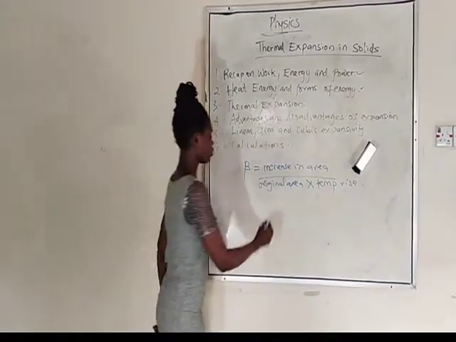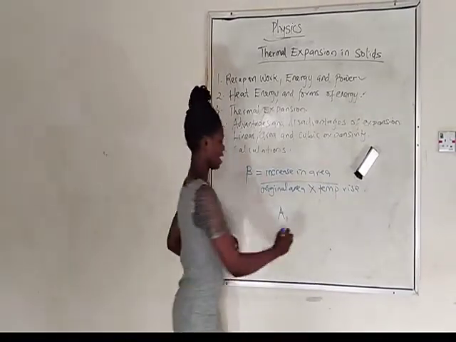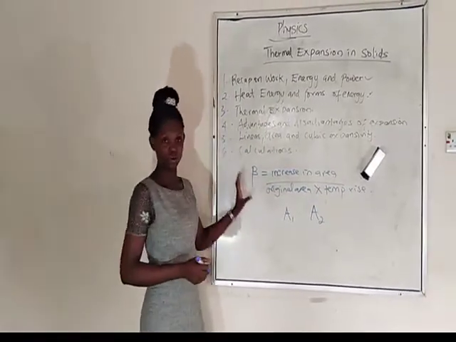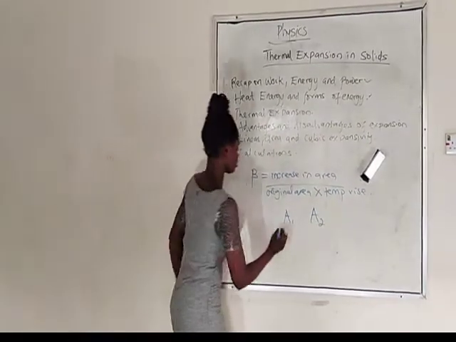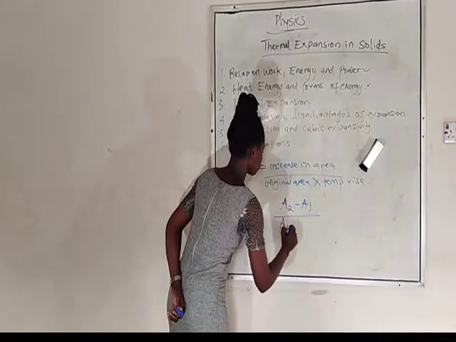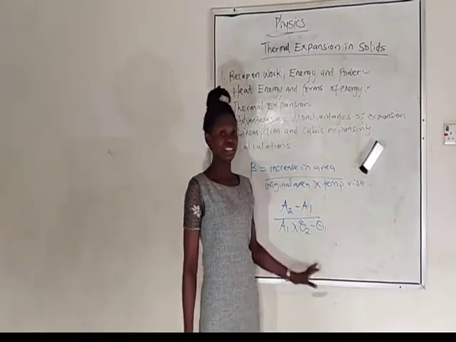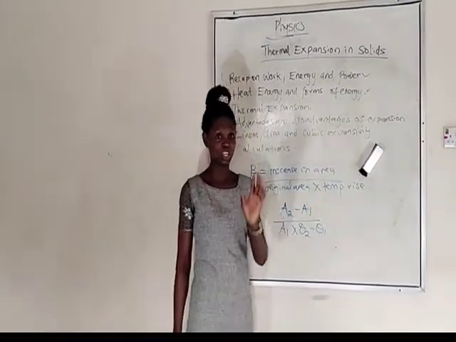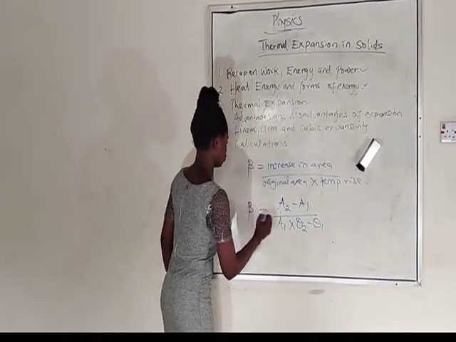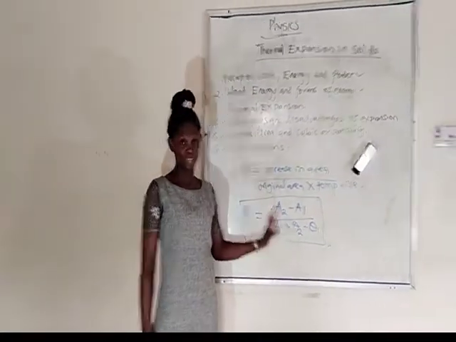So if you have a body whose area is A1 and heat is introduced to this body and it becomes of area A2, how do we measure the area expansivity? We just put this as your A2 minus your A1 all over your A1 times theta 2 minus your theta 1. Again, your theta 2 is the final temperature of that body after heat has been introduced, whereas your theta 1 is the original temperature of that body. So we have our beta equal to this. Please, again, I say, take note, this is the second formula, and we'll be using this during our calculations.